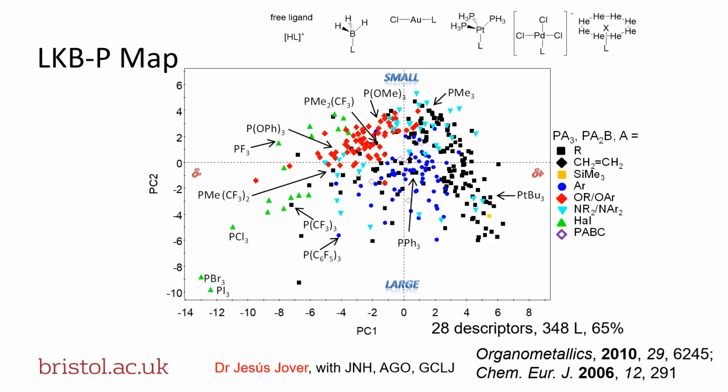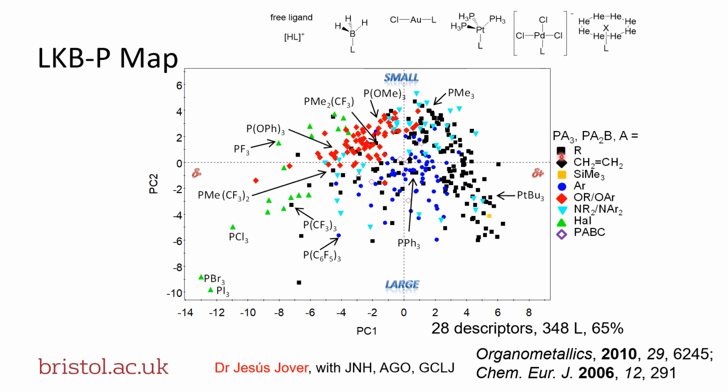So what we've done here is we've calculated the properties of this same ligand in lots and lots of different coordination environments. And then we've used a statistical mapping technique, called principal component analysis, to determine which ligands are similar to each other and which ones are more different from each other. And I don't really want to go into the details of this technique at the moment, but each of these spots corresponds to a single ligand, and they are color coded here by their chemical identity.